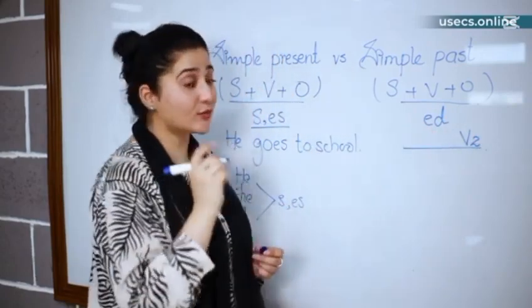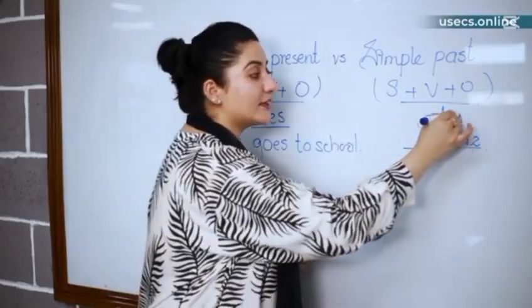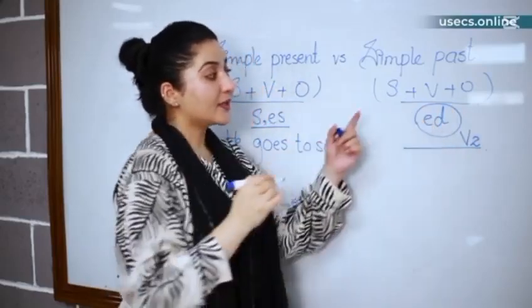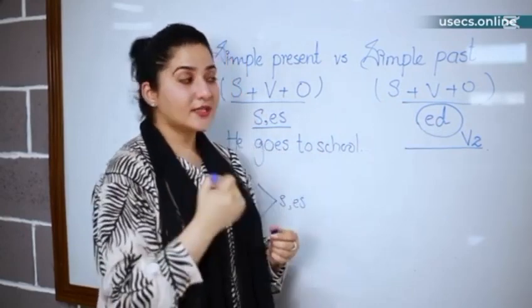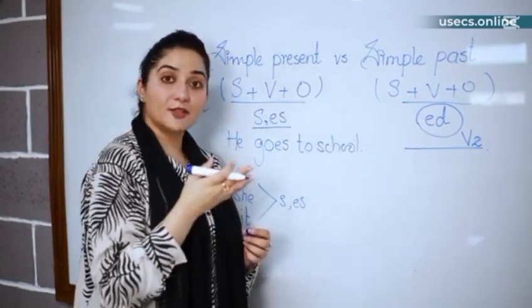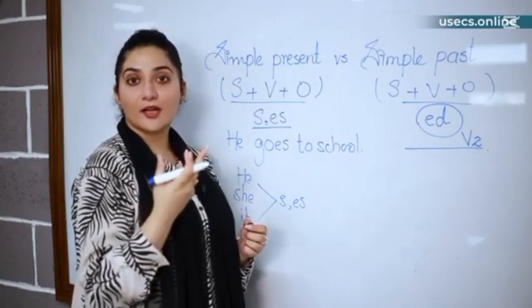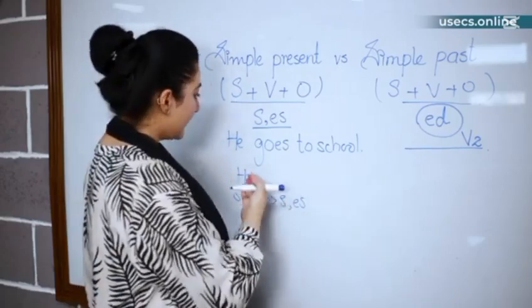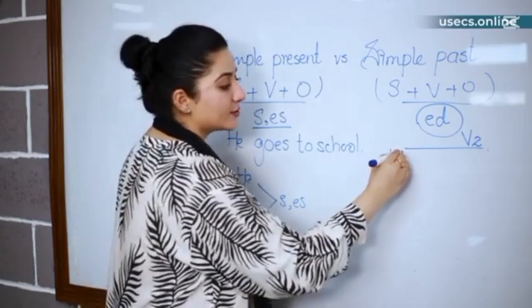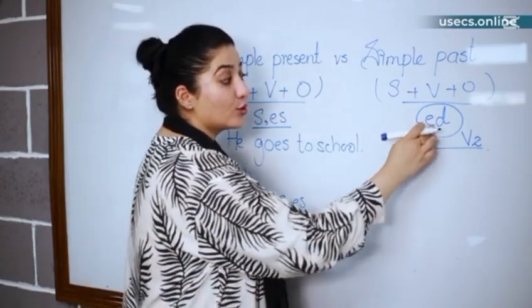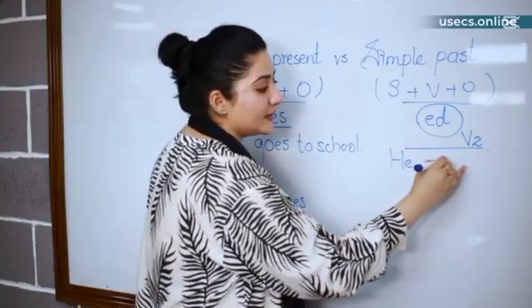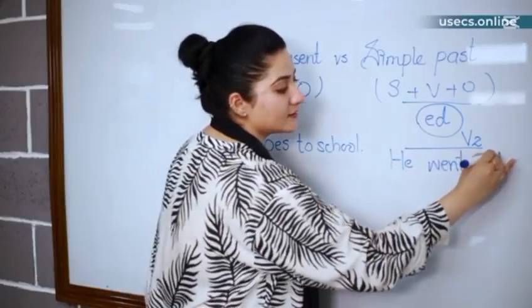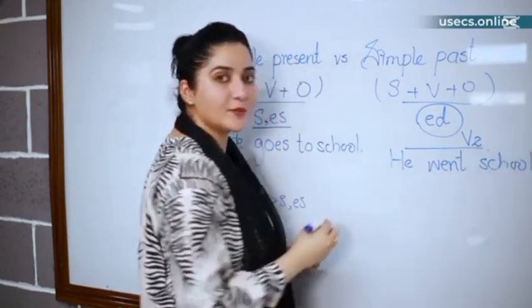But at times it's a wrong concept if I only say that you have to keep in mind कि verb के आखिर में ed आएगा. It's not important. For say, we have regular and irregular verbs. And let's talk about one irregular verb. If we say, he goes to school, we can't say he goed to school. It's wrong. We will say, he went to school in the simple past tense.